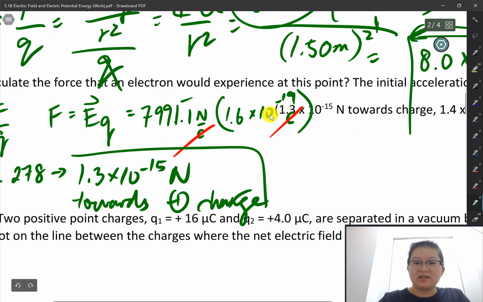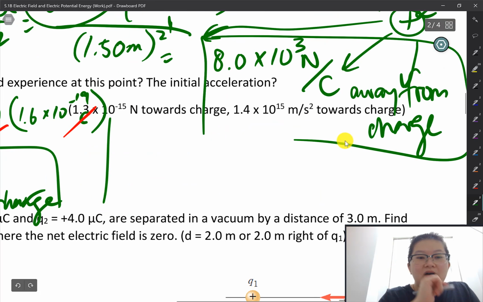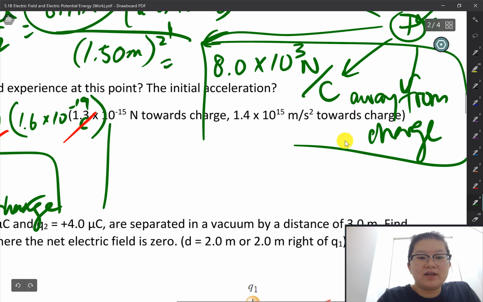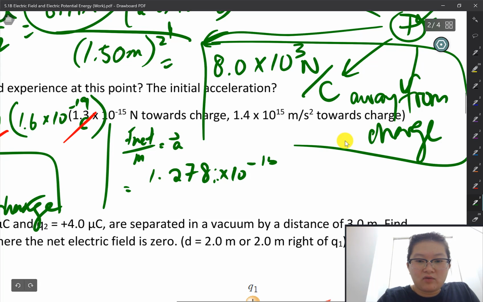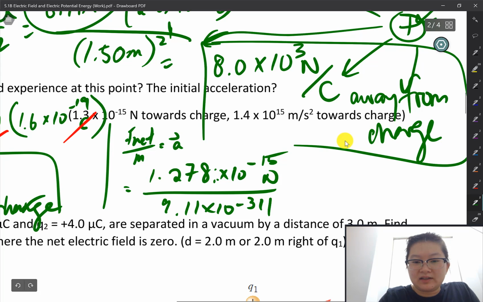Next step here is to calculate the acceleration. To calculate the acceleration, this is Newton's second law: divide the net force by the mass of the electron and that is going to give us our acceleration. And the net force, we will use the non-rounded value we found previously, and divide it by the mass of an electron, which we can grab from our data booklet, 9.11 times 10 to the power of negative 31 kilograms.